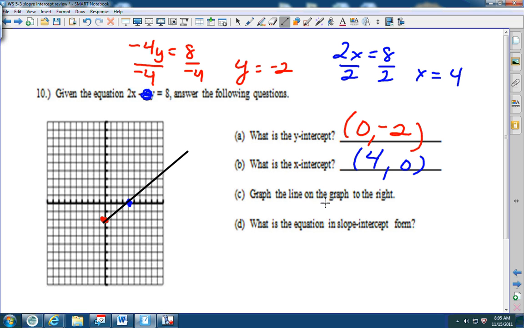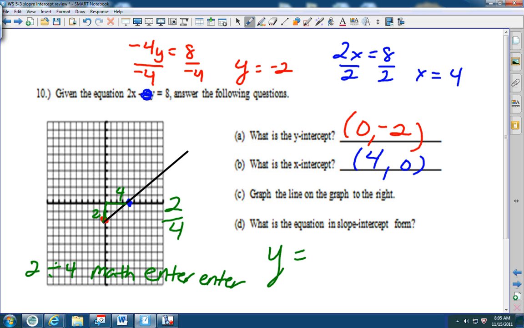So now I've already done C by plotting my intercepts. My equation, y equals, I need to find the slope. Right here, build a table, do delta y over delta x, or count on your slope. I'm going up 2 and over 4. 2 over 4, if you put 2, divide 4, math, enter, enter in your calculator, it will reduce it for you.